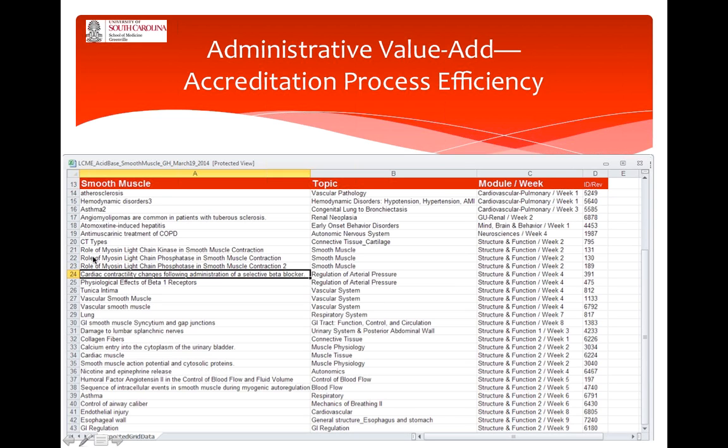So again, being able to produce that within not hours or days, but within minutes was an extreme advantage for us. It was highly impressive to the LCME site visitors and was cited as a strength for the institution.